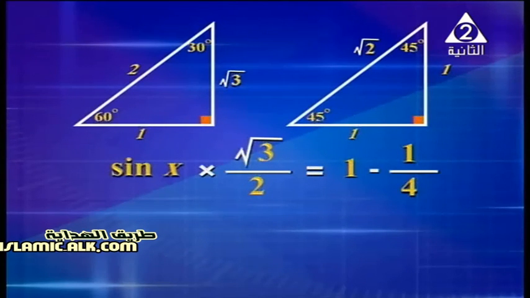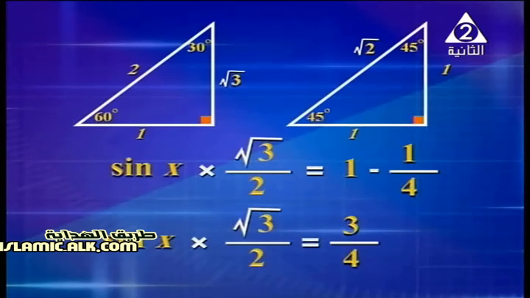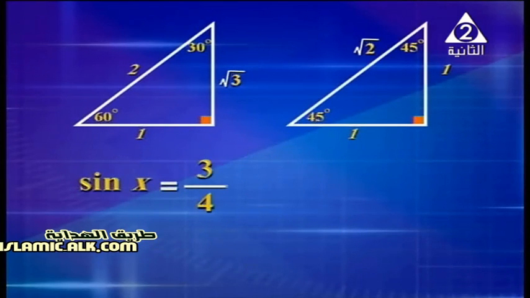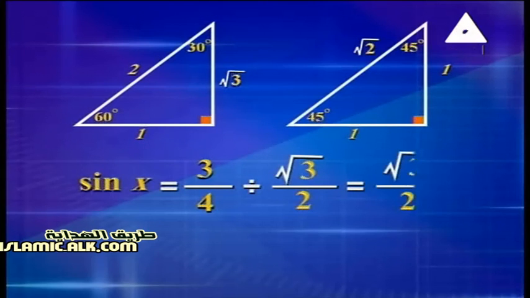3 over 4, which is 1 minus 1 over 4. In this case, we can say that sine x times root 3 over 2 equals 3 over 4. Then, by dividing both sides by square root 3 over 2, we are going to find that sine x equals 3 over 4 divided by square root 3 over 2, to obtain a result as square root 3 over 2.